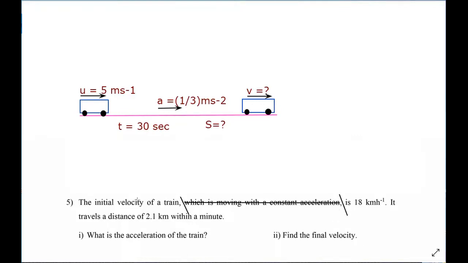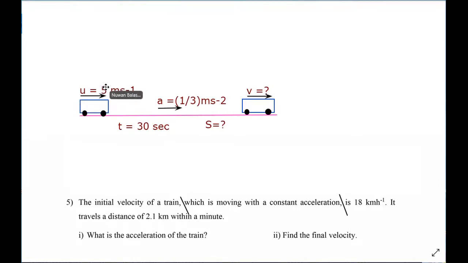The things inside the commas tell us the acceleration of the train is constant. So read the sentence like this: the initial velocity of a train is 18 km per hour, and additional data is given within the commas, that is the train has a constant acceleration.